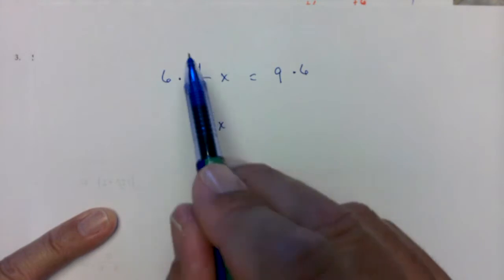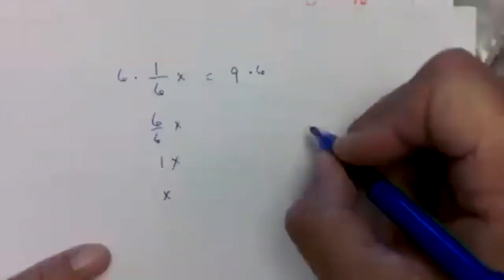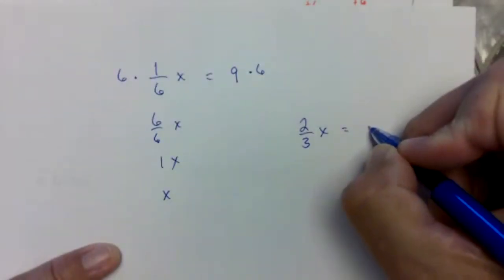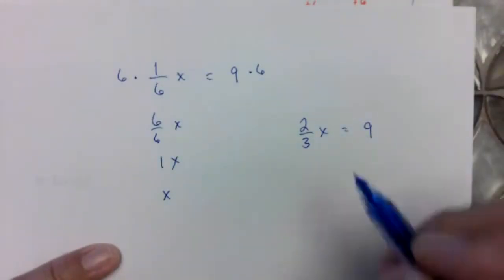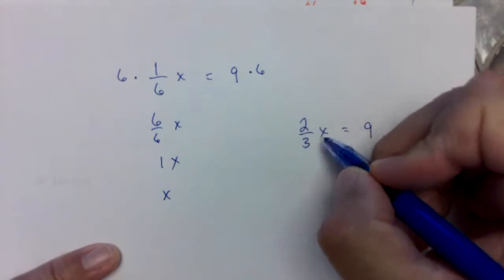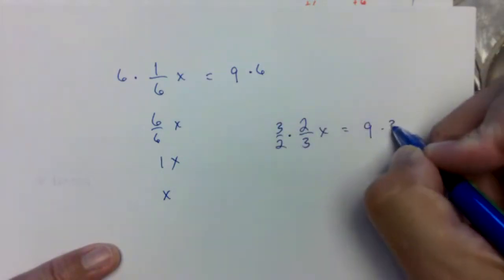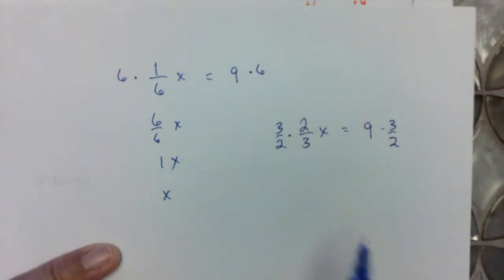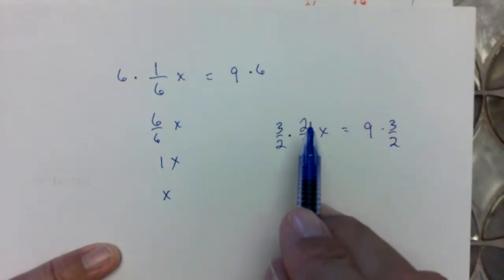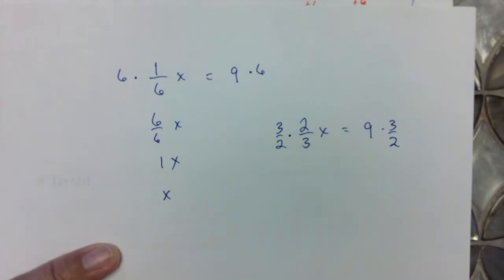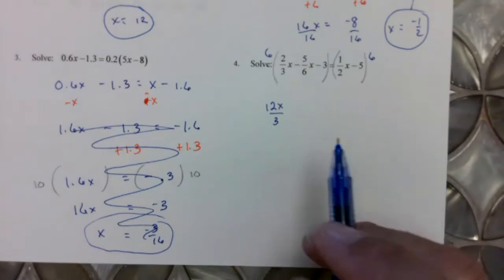Okay. So I'm multiplying by the reciprocal. Another one might be if I say 2/3 x equals 9, since this is 2/3 times x, I'm going to multiply by 3/2 on both sides. Okay? So it's when I want to clear the coefficient, the number in front of the variable. Great question. I like questions like that.